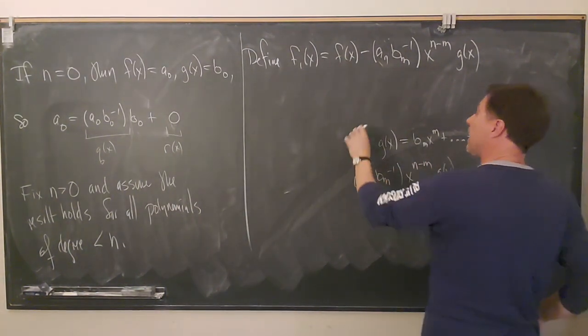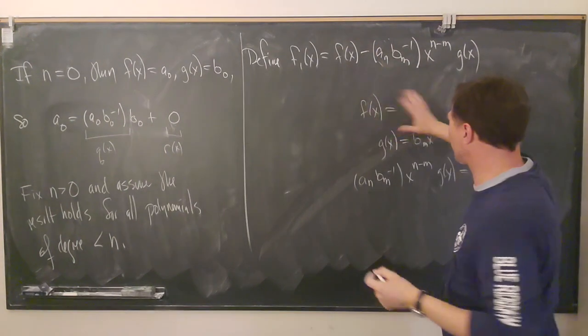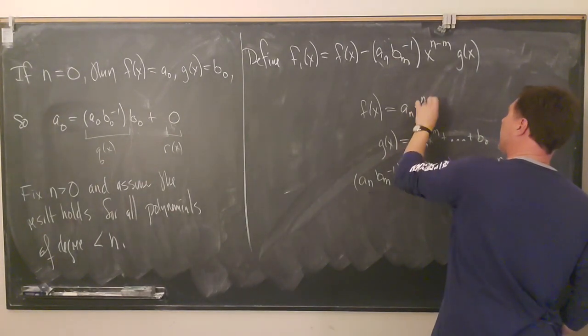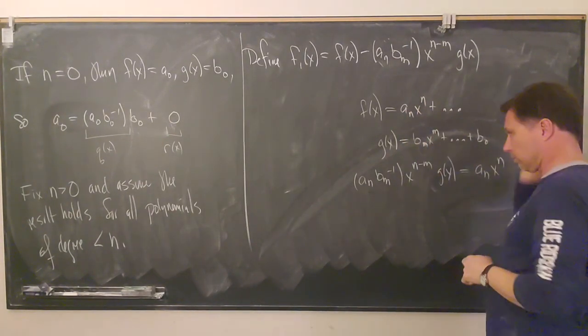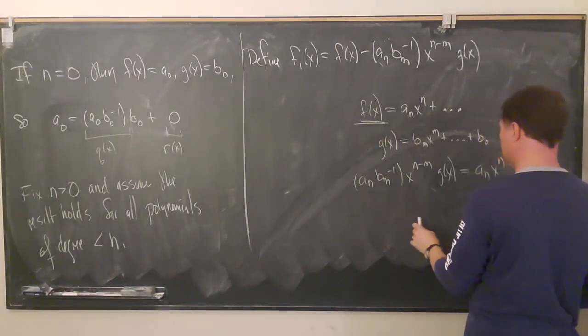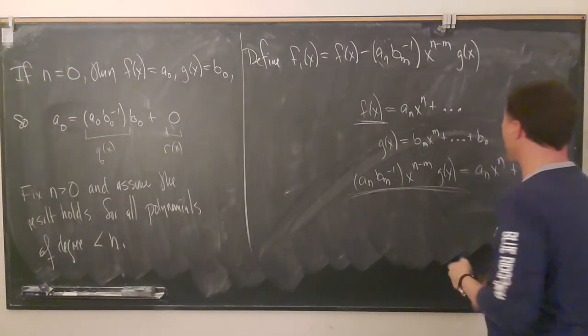Also remember that f of x, you don't need to write this down, you already have this, but I erased it, so I just want you to see what's happening here. f of x is a sub n x to the n plus blah, blah, blah. So if I subtract f of x minus this polynomial right here, what happens?